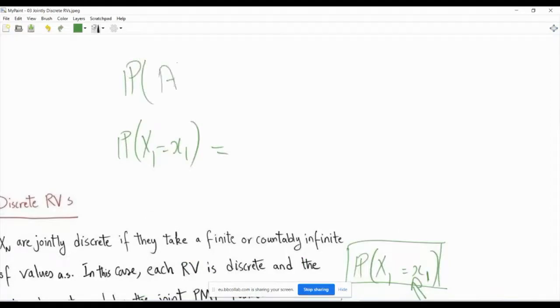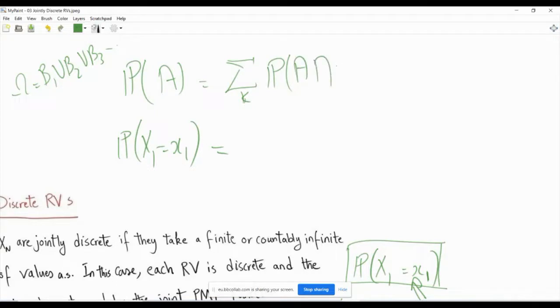If you are interested in event A, and your omega is partitioned into B1 union B2 union B3, and those are disjoint, then the probability of A is the sum over K of the probability of A intersection BK. This is the law of total probability. It is exactly the same thing that we do here.